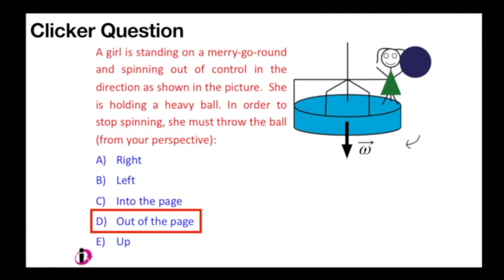But now we take our thumb, point it in the angular momentum vector direction, and we should get this, right? So looking from top down, it would be clockwise. But what that means is the girl at this point is coming out of the page, right? So that's her linear velocity at this point in time, is that she's coming forward, and then we'll go left and then back, but this way.